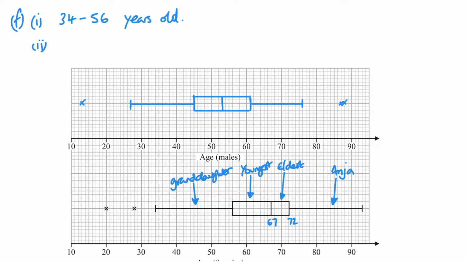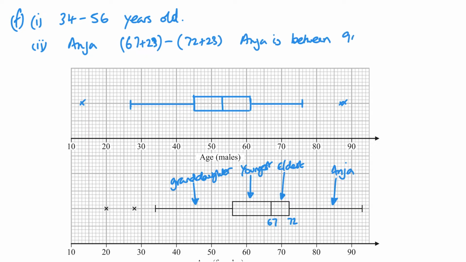So if I take each of those numbers and add 23 to them, Anja must be between 67 plus 23, and then 72 plus 23. So Anja is between 90 and 95 years old.